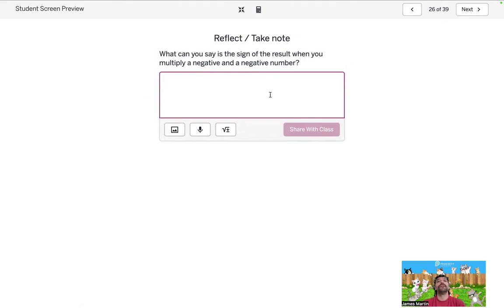Okay, hopefully what everybody concluded is whenever we have a negative times a negative, the answer becomes positive. That's it. I know this is a lot of difficult work, but two negatives multiplied or divided by each other give us a positive.